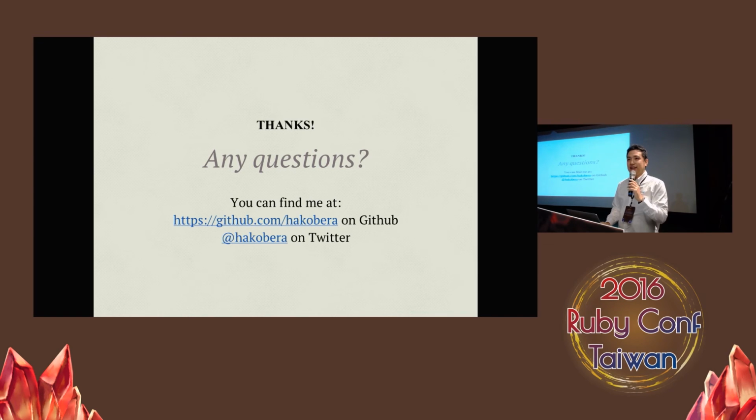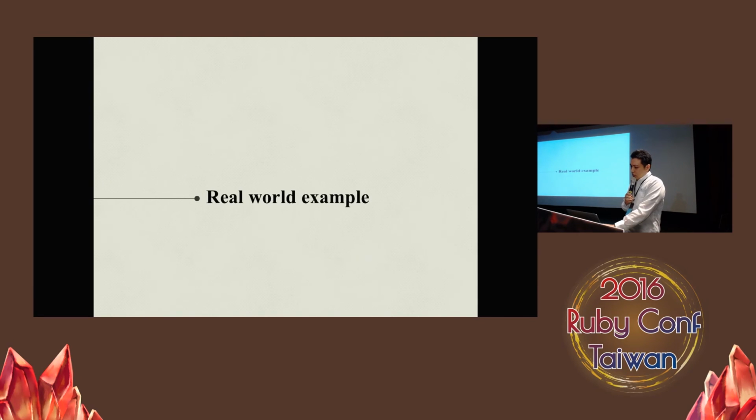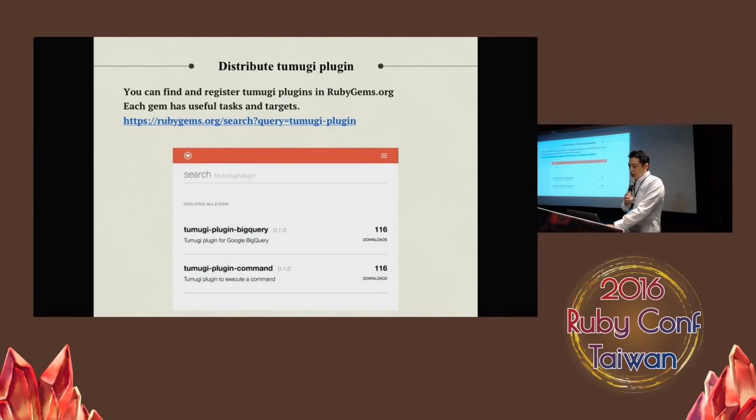Yeah, okay. I tried to use Rake and previously developed Tsumugi. Rake has features like dependency resolution, but in the history, I was using Luigi before I developed Tsumugi. I really like the concept of Luigi, but it's Python.